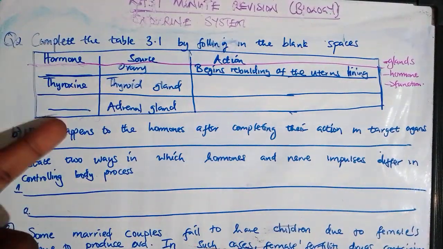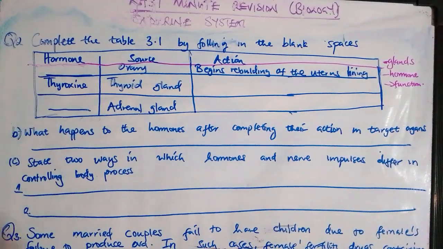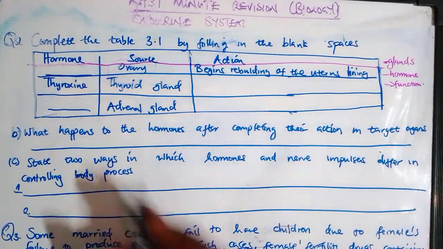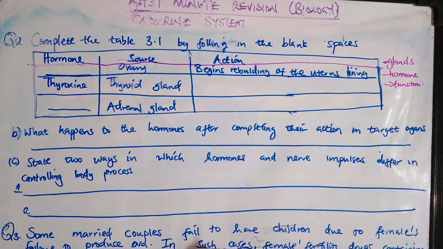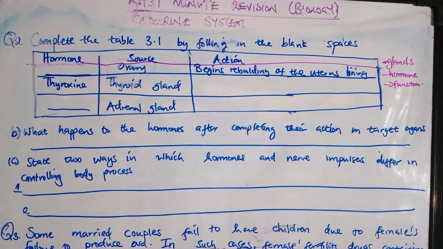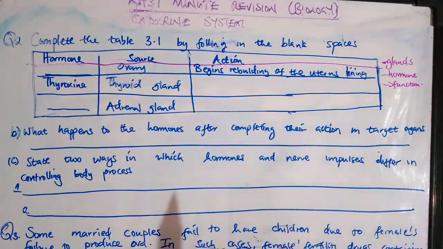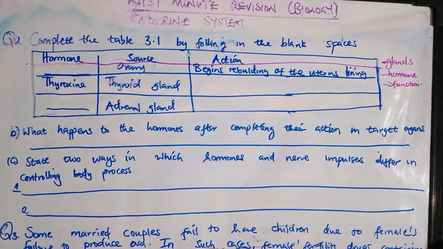So when you come to the first one, you see, oh, here we have the source, which is the ovary. You have to be careful. The ovary produces a lot of hormones like estrogen and progesterone. So these are the two hormones which are produced by the ovaries.